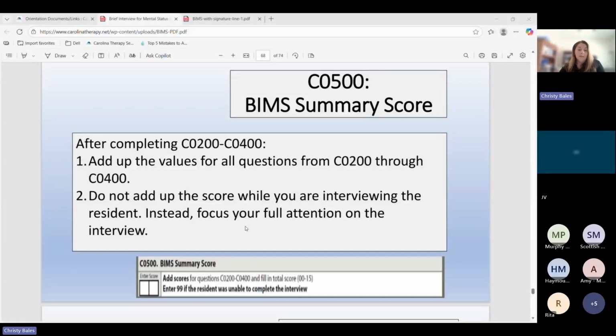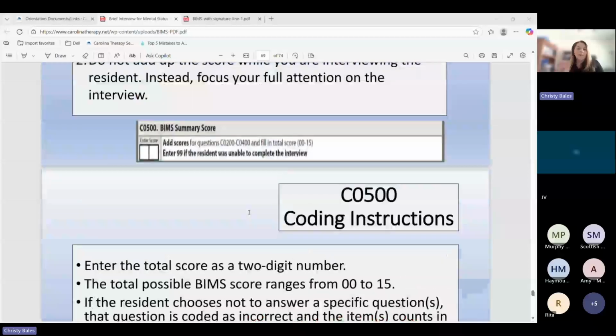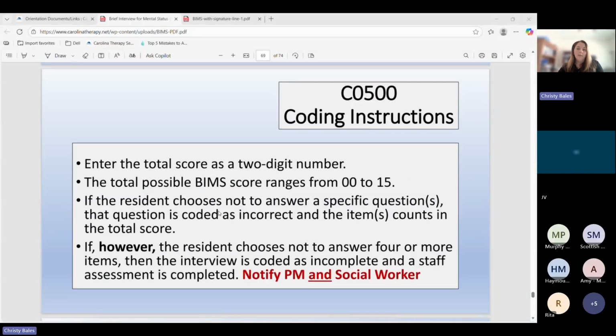Part of that is, some of the responses you may think are right, but when you think back on them, you're like, I don't know. So I know it's easy to go through and just be like, oh yeah, but with all the different coding, I definitely would say, try to step out of that and look at the dates really carefully.